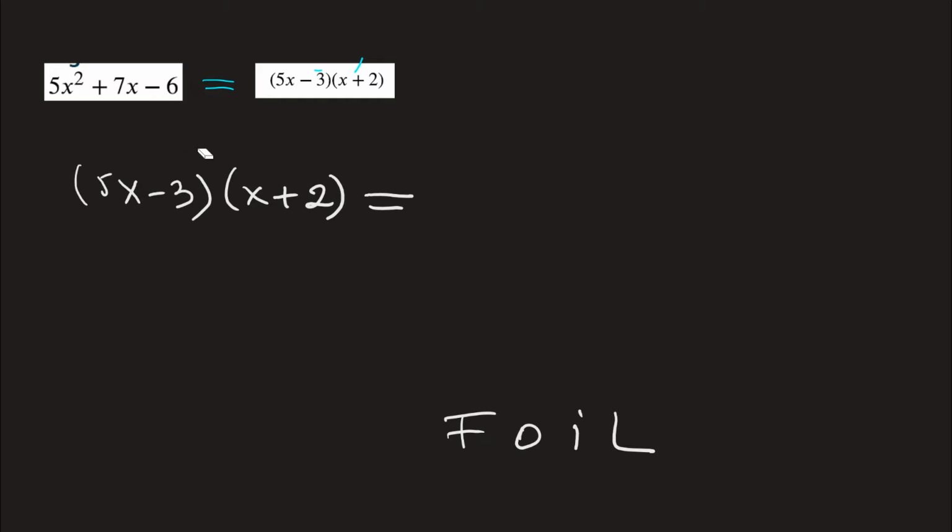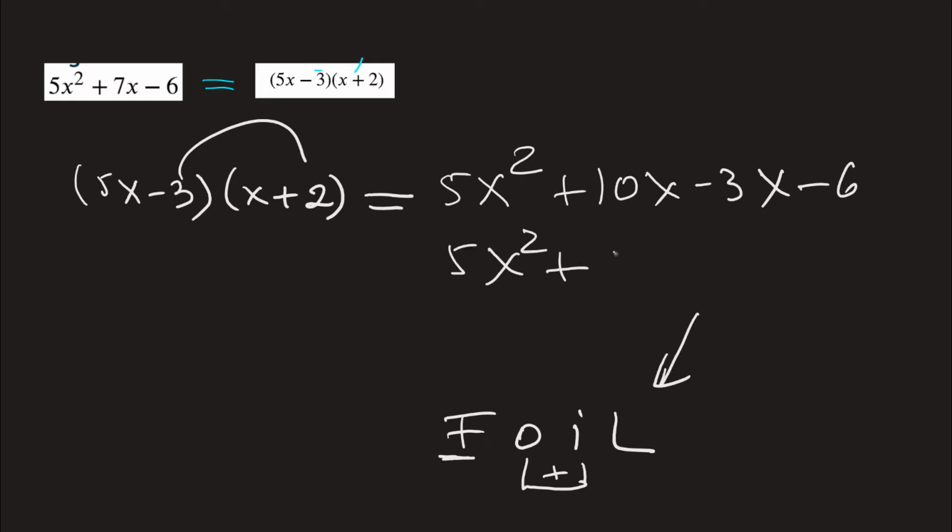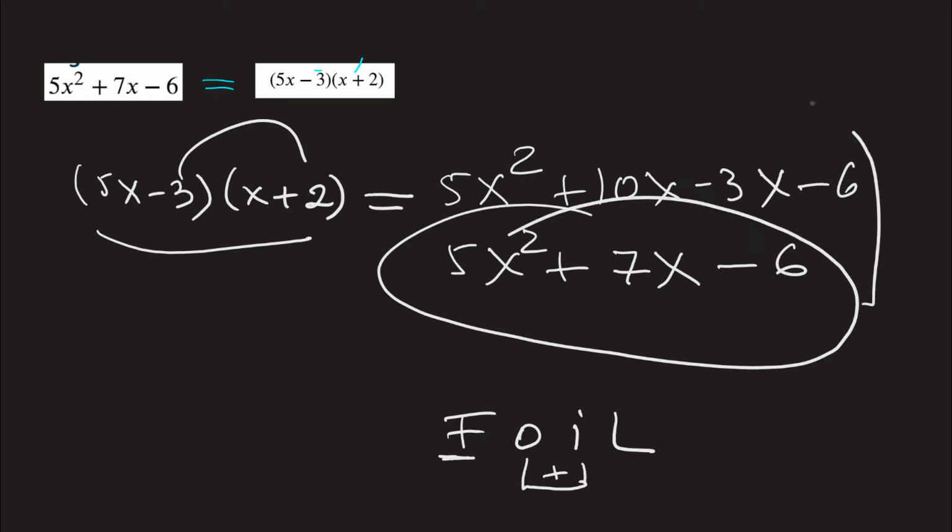With the FOIL method, you first multiply both, and then outer plus inner, and then last, which means that. And then you get 5x squared plus 7x minus 6. Then this is the right factorization of this expression.